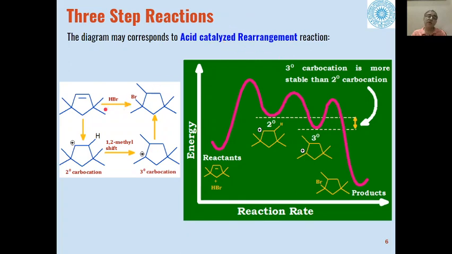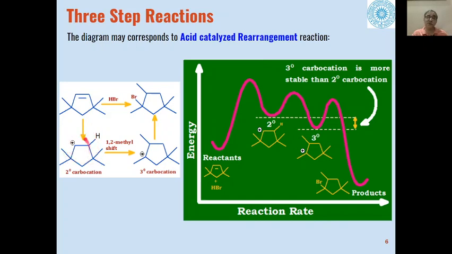So when we add, say, HBr to alkenes, then we get alkyl halides as the product with the addition of HBr to this carbon-carbon double bond, and we know that the addition of HBr will take place across the carbon-carbon double bond.